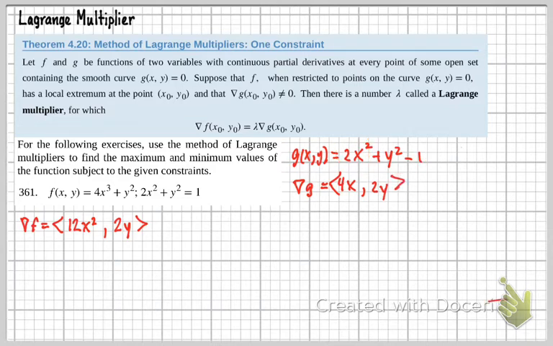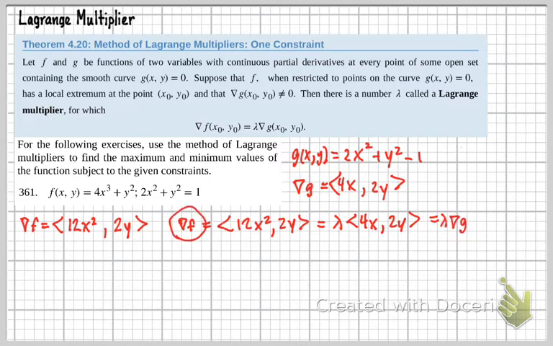So now we have the equation, and we're just going to follow this one right here exactly. So that means the gradient of f, which equals 12x squared, comma, 2y, is going to equal lambda times the gradient of g, so lambda times 4x, 2y.